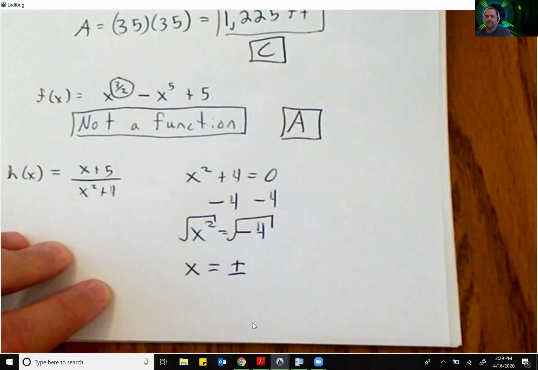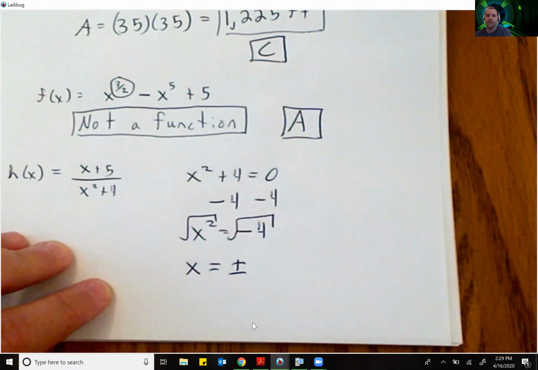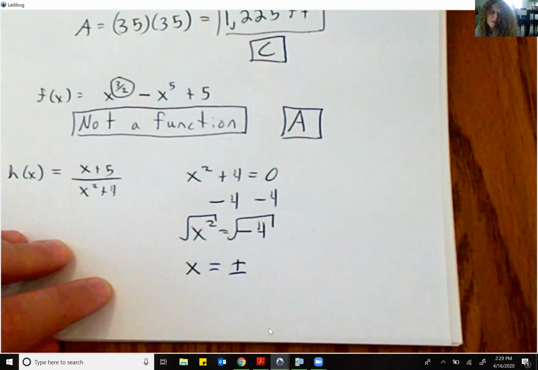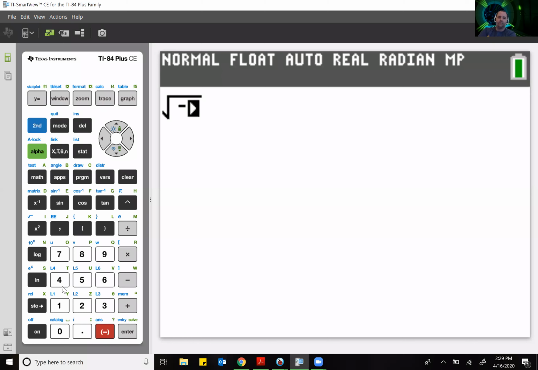The square root of -4. What is the square root of negative 4? 2? -2? Nope. Nope. You can't have it, right? You go to your calculator, you put the square root of negative 4. Calculator says, I don't like it.